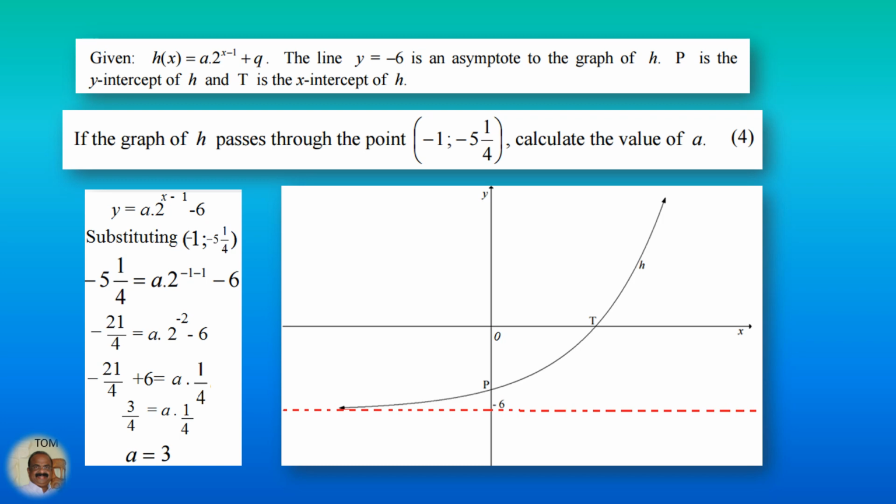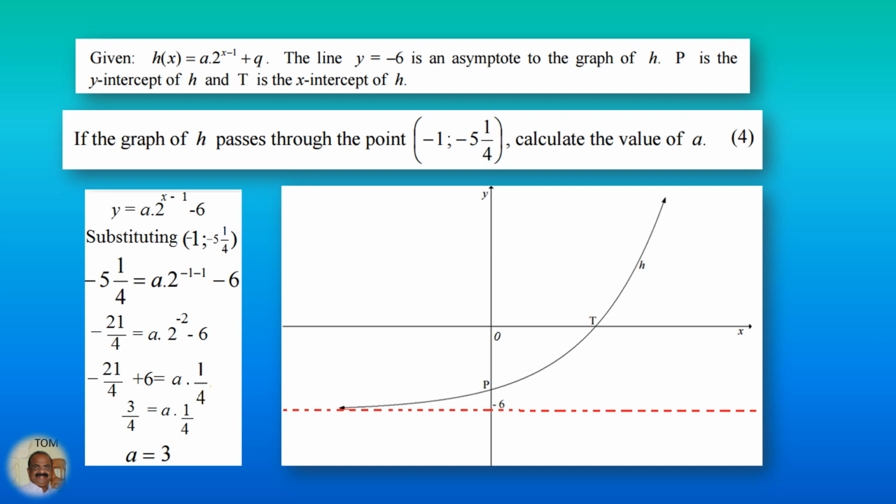In the place of y we put -5¼, in the place of x we will substitute -1, carefully substituting, and we simplify the equation. Actually the 4 marks is given because of the simplification. So -21/4 equal to a times 2 to the power -2 minus 6.